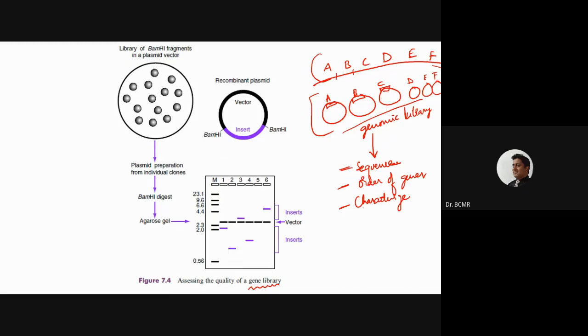But there are also many others. Say, for example, there is a fungus, and you know that it produces amylase.